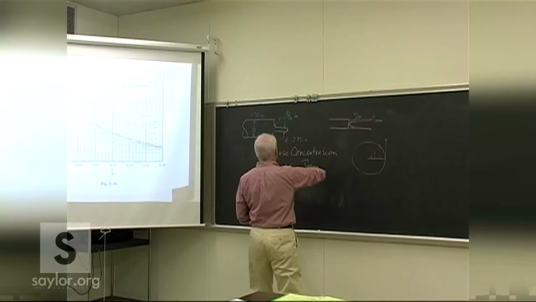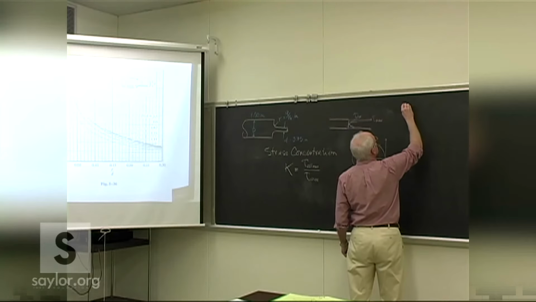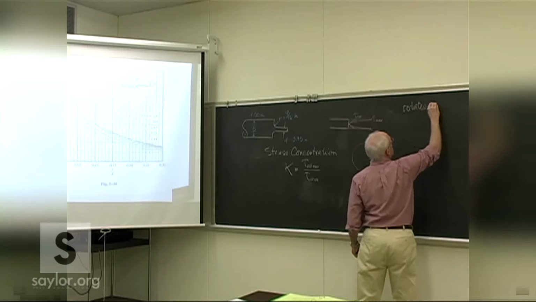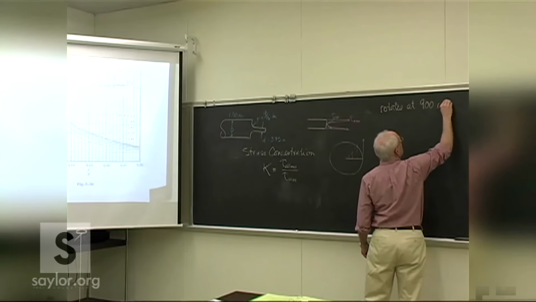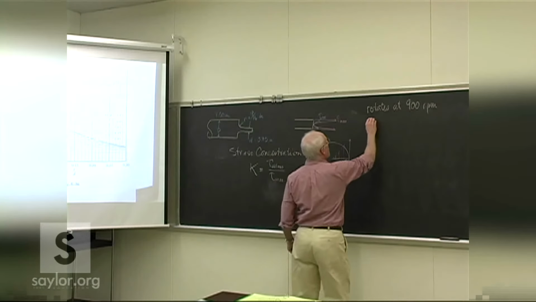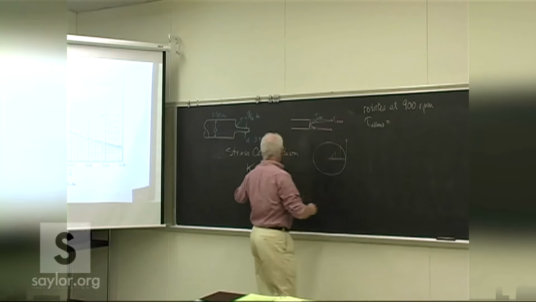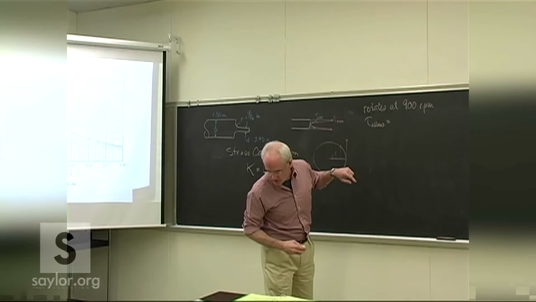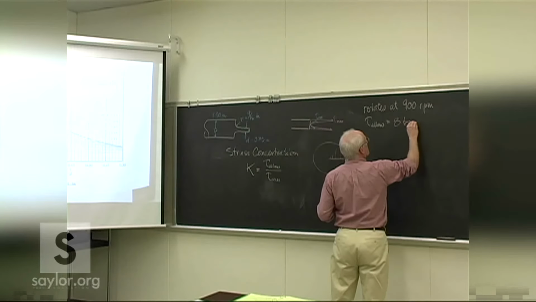All right. The shaft rotates at 900 RPM, and the allowable stress, that's the one on the upper part of the definition of the stress concentration factor, is 8 KSI.